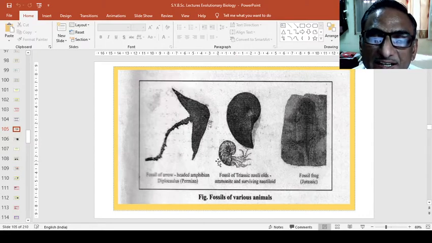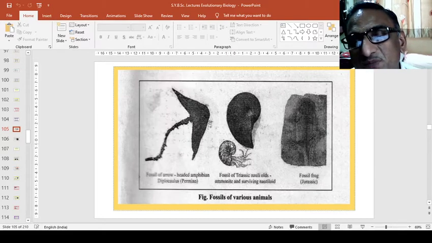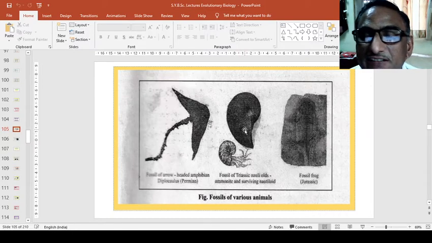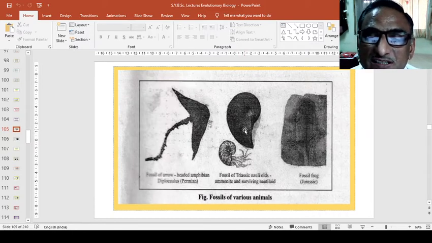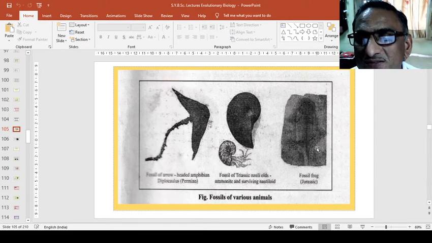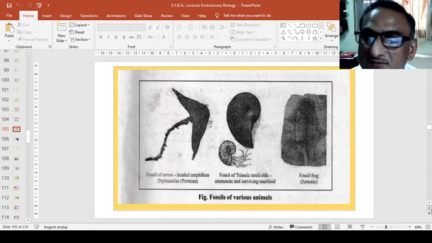Nautiloids are also present right now, but these are the prehistoric animals. They were buried and formed fossils, and therefore we have these evidences that they were there since long in the Permian period. And this one is the print of a frog, a fossil of a frog, in the Jurassic period.